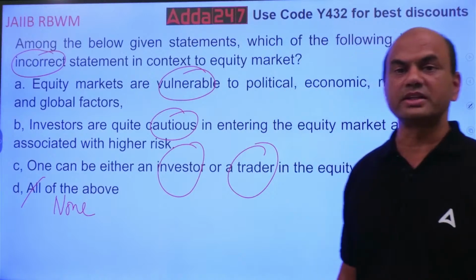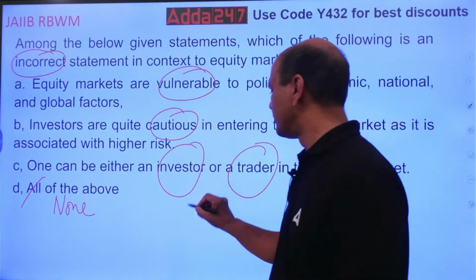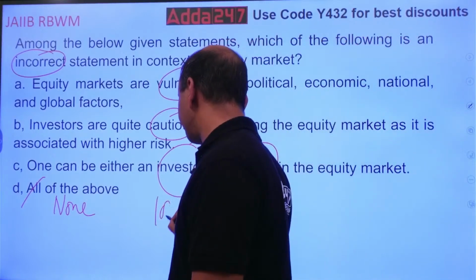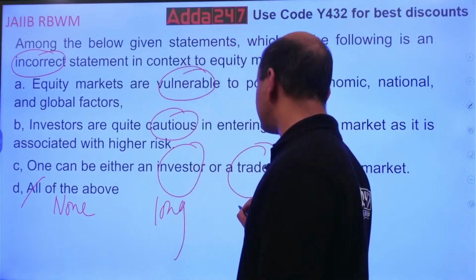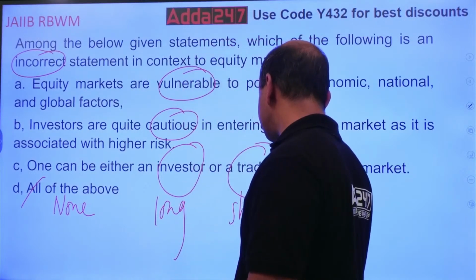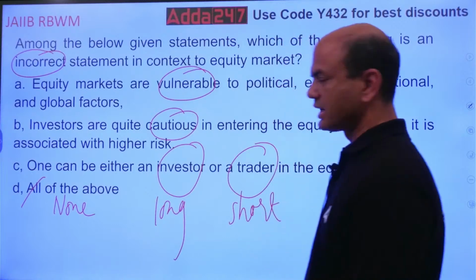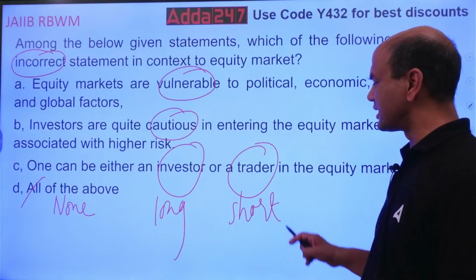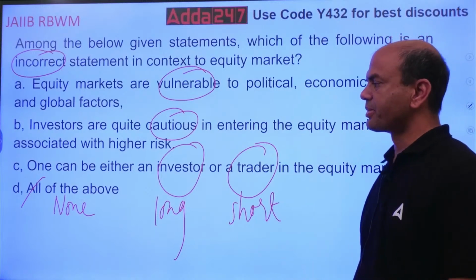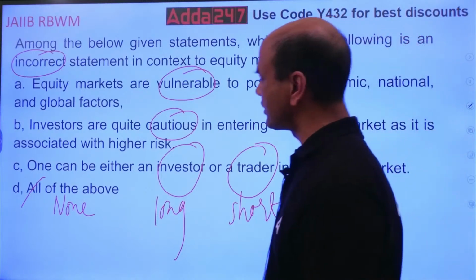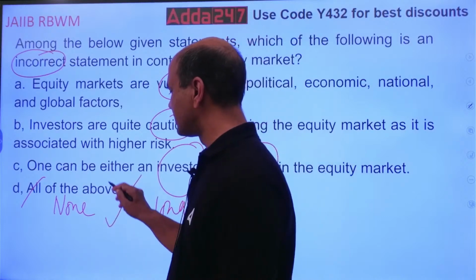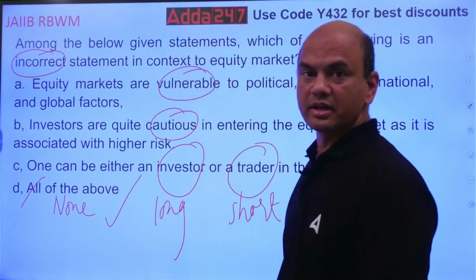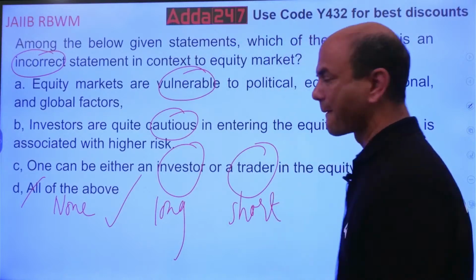What is an investor? The one who invests for a long term. Trader means short, generally day positions, or some smaller, 2-3 days. So what is the answer? Incorrect one: none of the above. All are correct.